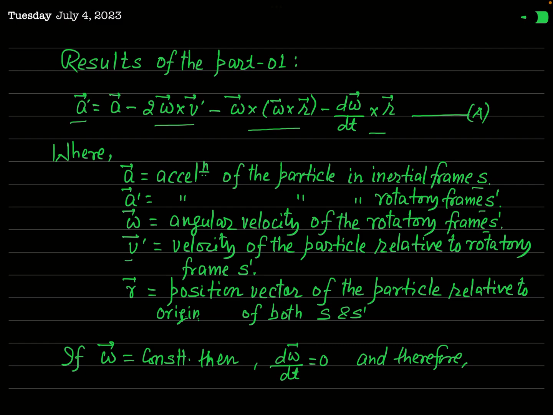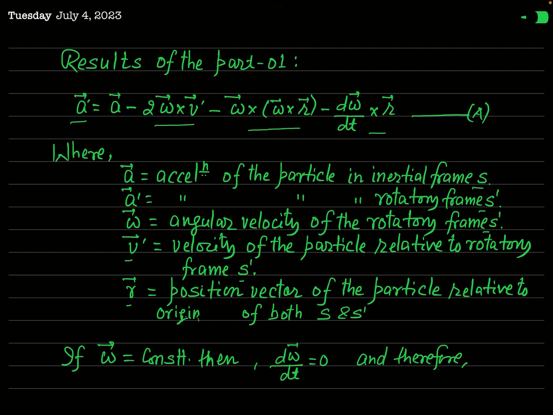And V prime is the velocity of the particle observed by the observer of frame S prime. It means this is the velocity of the particle with respect to the rotatory non-inertial frame. And r, as you have seen in the figure, is the position vector of the particle with respect to the origin of both reference frames S and S prime. Actually, r has the same value with respect to both frames.